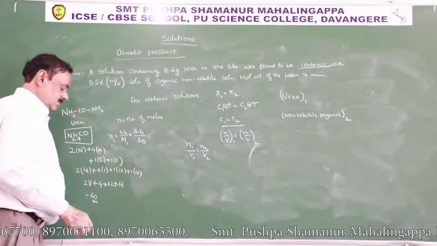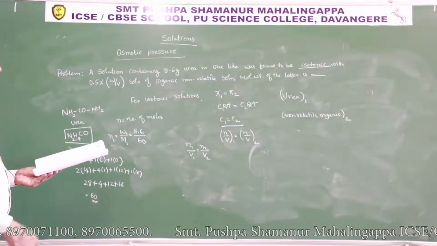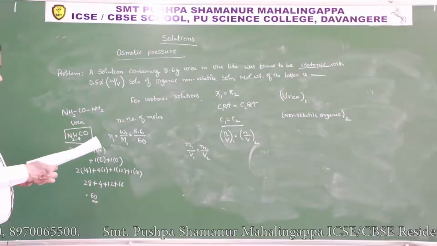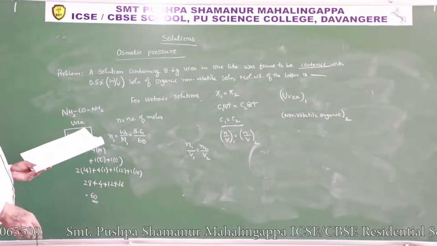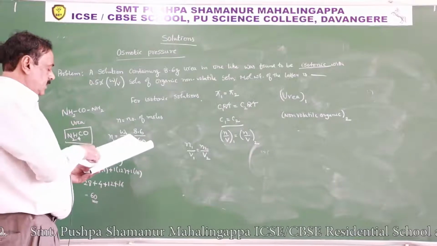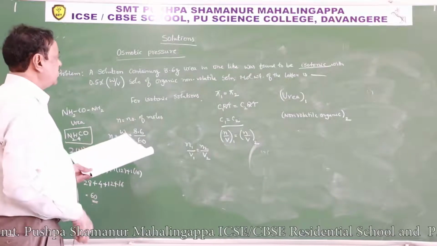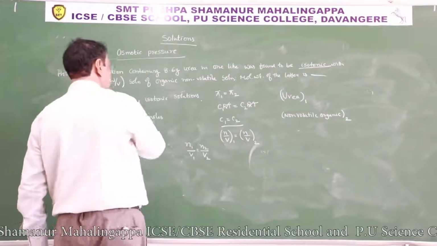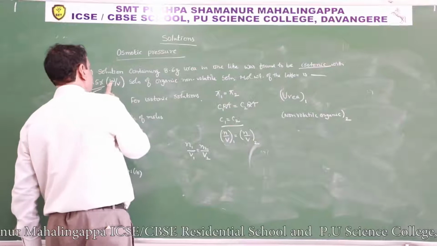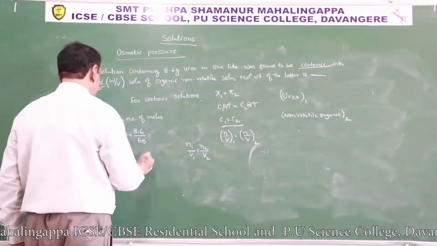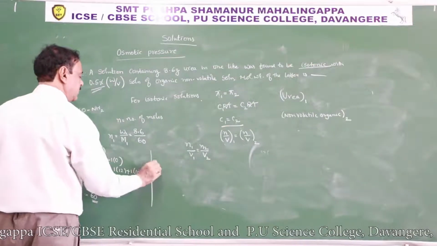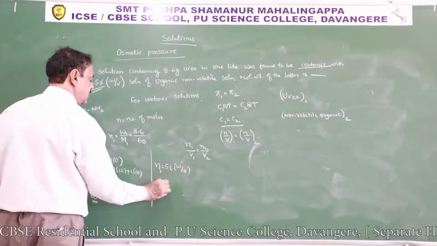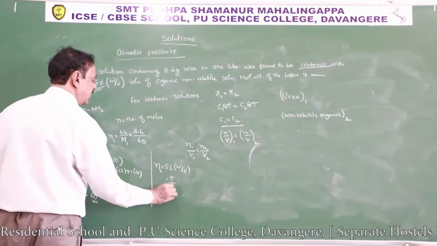n1 is given. What about the volume of the solution? That is given. Here there is 0.5%. What does it mean? 0.5% weight by volume. Therefore, W by V, that is n2, is 0.5 divided by 100.